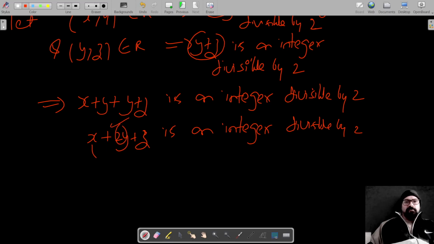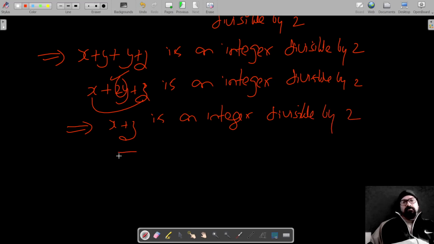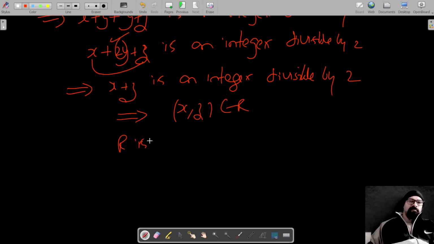So that means x plus z is also an integer divisible by 2, which means (x, z) is in the relation, and that means R is transitive.